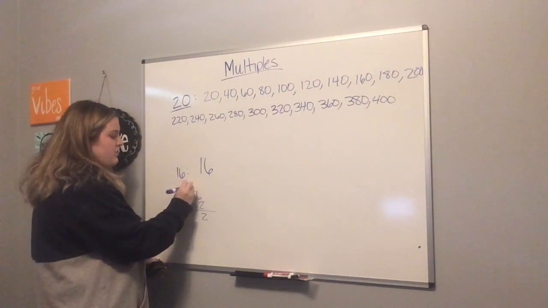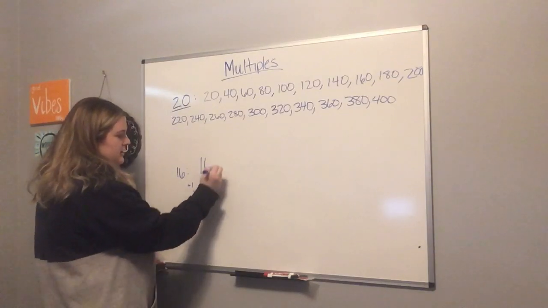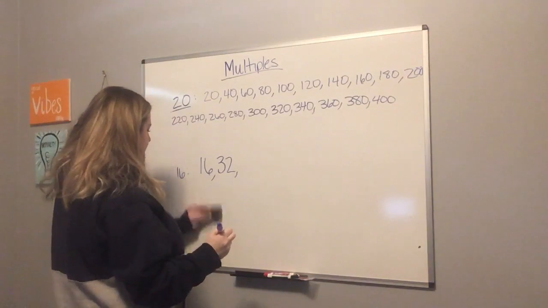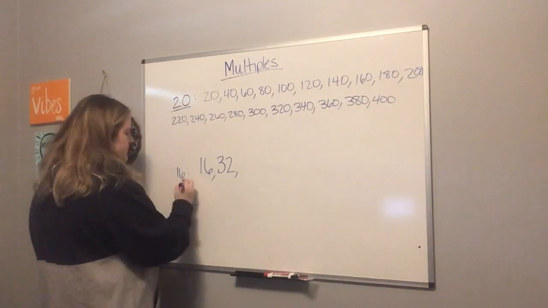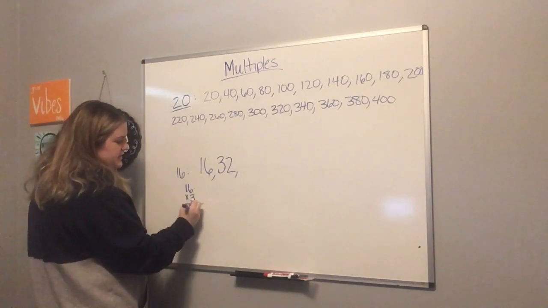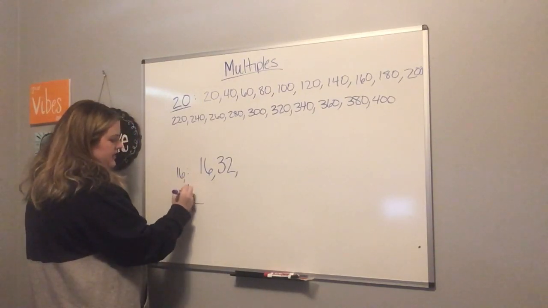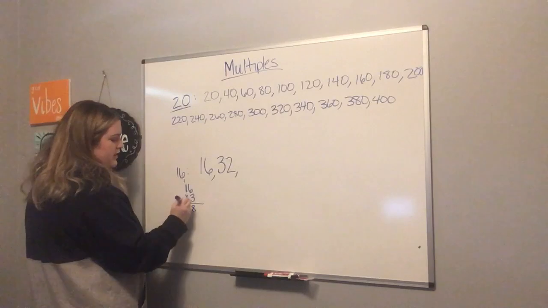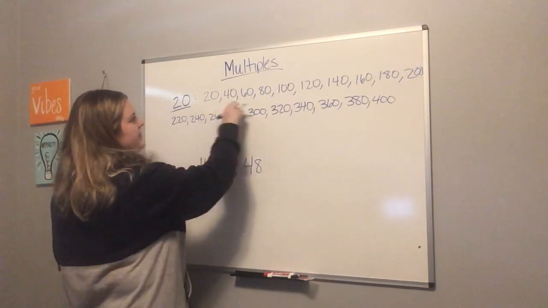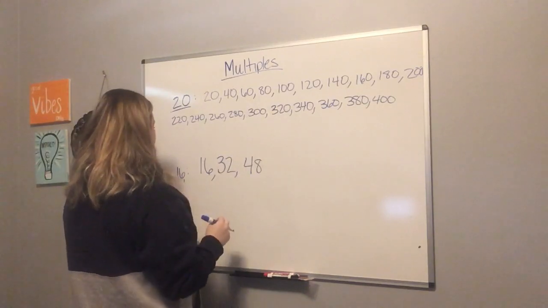Plus this extra 1 up here is 3. So my answer is 32. Now, I have to do 16 times 3. 3 times 6 is 18. 3 times 1 is 3, plus 1 is 4. 48. So far, none of these match my multiples of 20, so I have to keep going.